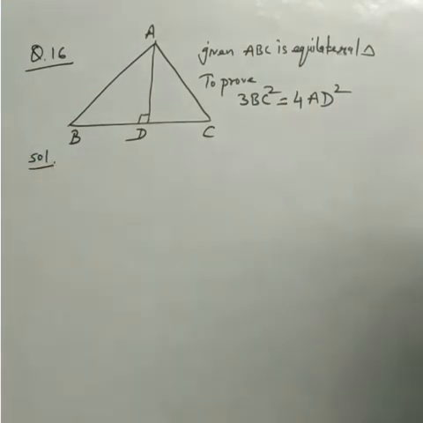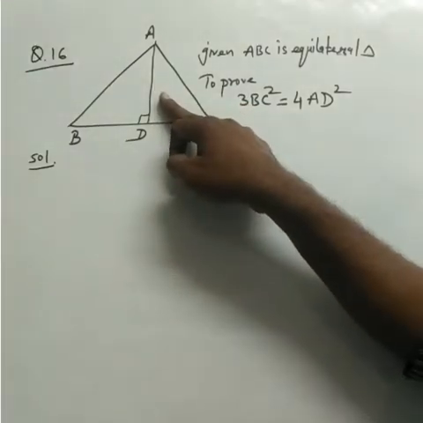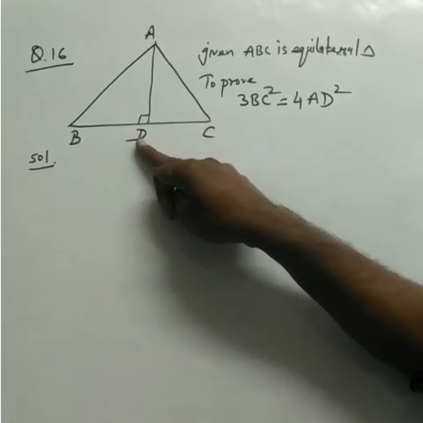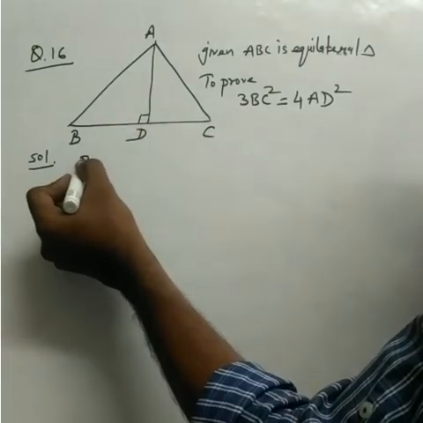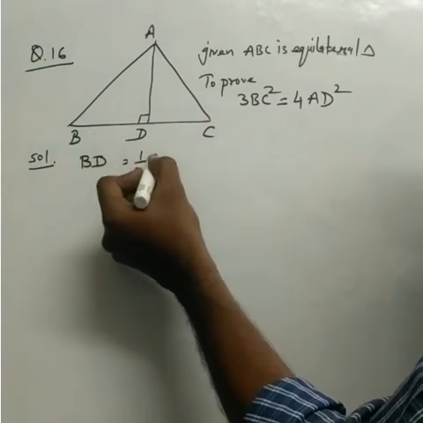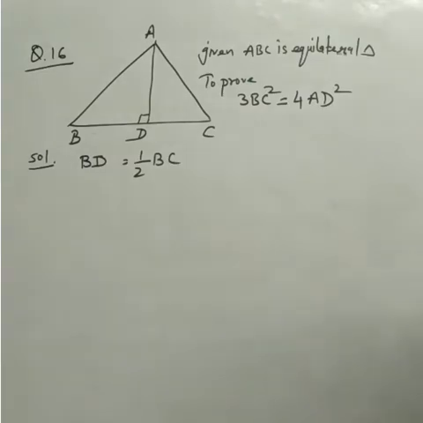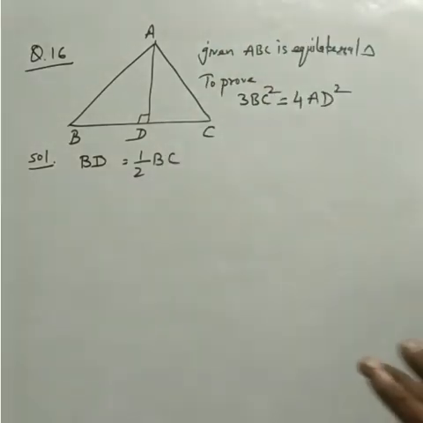Since it is an equilateral triangle, this altitude will behave like a median also. So D will be the midpoint of BC. We can say BD is equal to half of BC because the altitude and median of an equilateral triangle coincide.